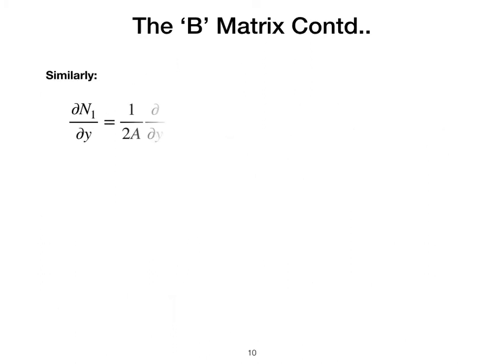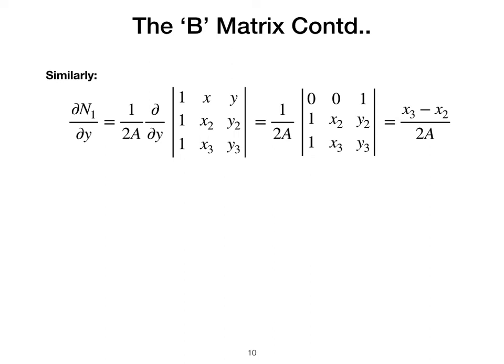Similarly, we can find del n1 over del y, which will be equal to 1 over 2A multiplied by the derivative of the determinant of a matrix having 1 x y, 1 x2 y2, 1 x3 y3 as members. So finally the value will be (x3 minus x2) divided by 2A.